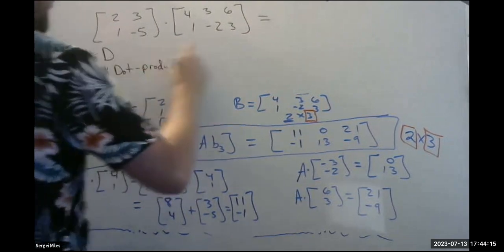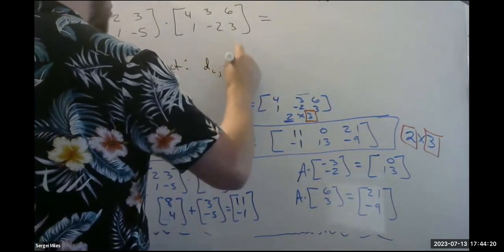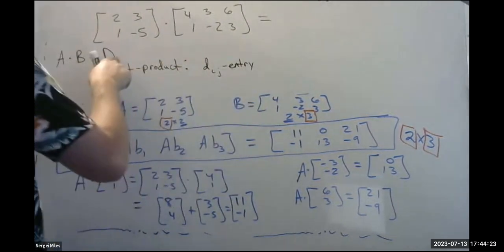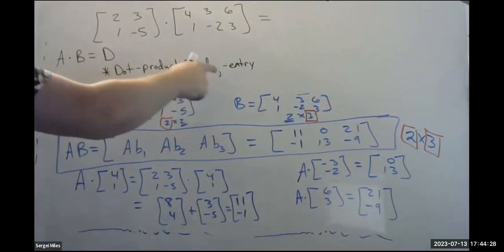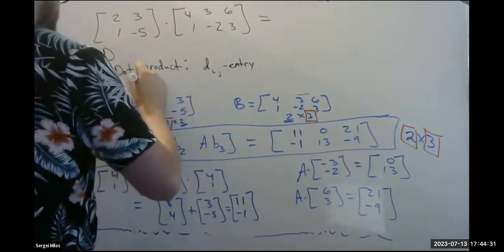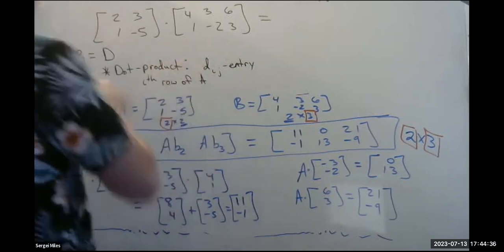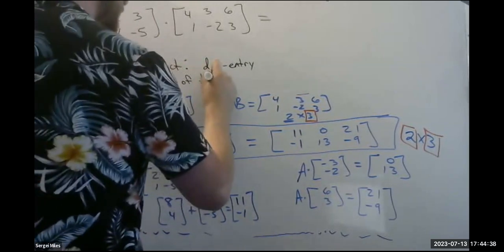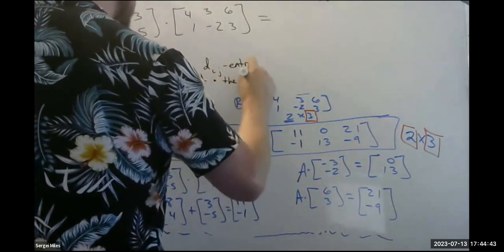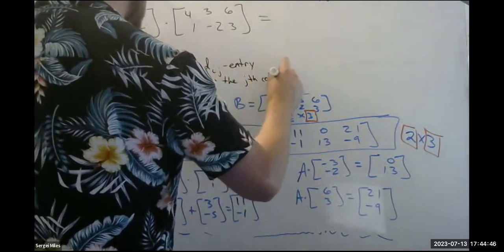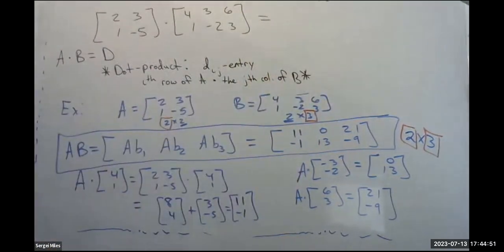What did the dot product say? The D sub ij entry. So this is the entry of the output, the entry of the matrix D, which is in the ith row, jth column, is the ith row of A, the left matrix, times the jth column of B, the right matrix.